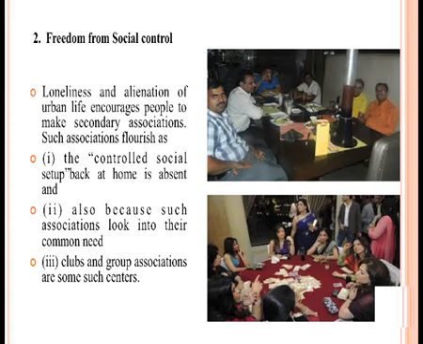Loneliness and alienation of urban life encourage people to make secondary associations, as the controlled social setup back at home is absent, and also because such associations look into their common need. And third one, clubs and group associations are some such centers. You can see the diagram in this slide also.